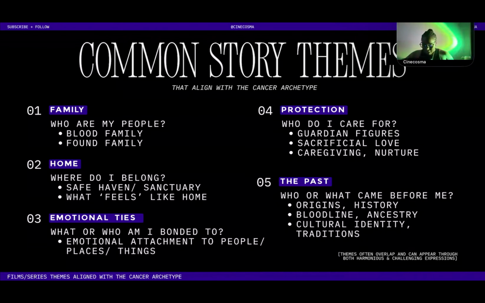And then I also said that these themes can appear through both harmonious and challenging expressions. What I mean by that is, right now, I have them listed as neutral in the sense that this isn't showing you if this is a good or a bad thing. I don't really like to use good or bad when it comes to astrology, more so harmonious and challenging, right?